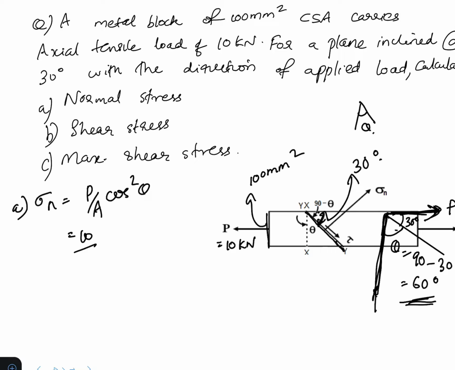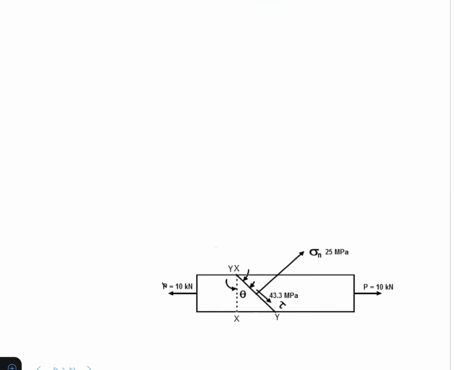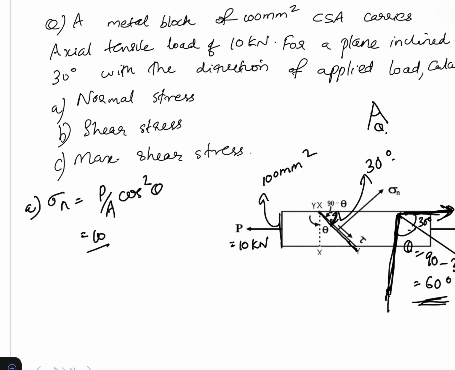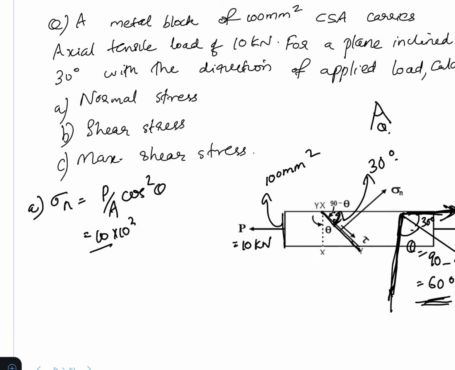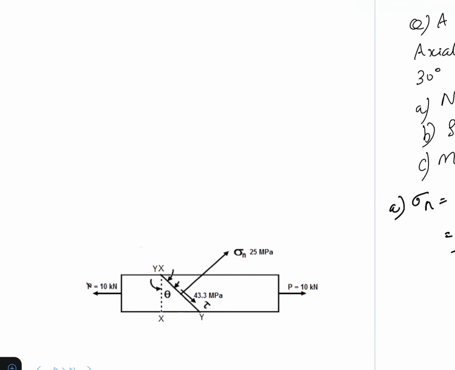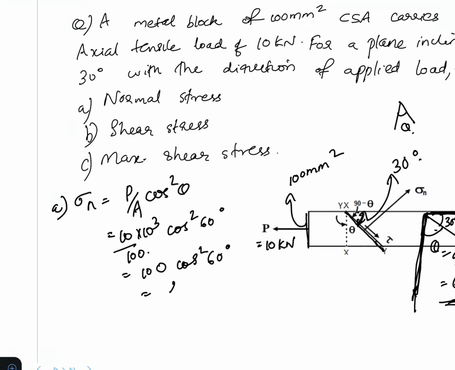We have P as 10 into 10 to the power of 3 Newton, A as 100 mm square, so Newton per mm square, divided by 100 cos square 60 degrees. Cos 60 is 1 by 2, so cos square 60 is 1 by 4, and that gives 25.